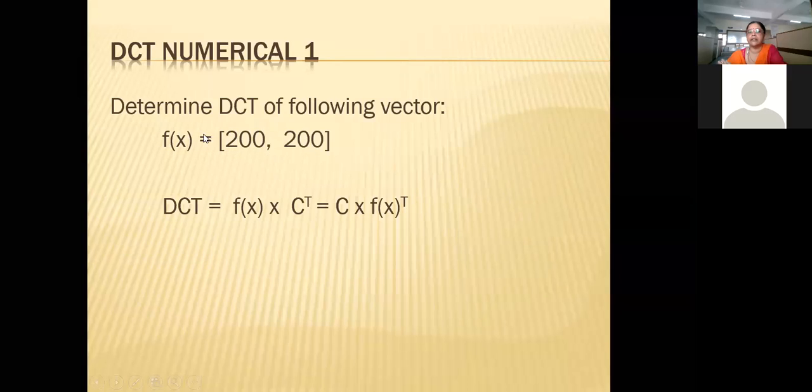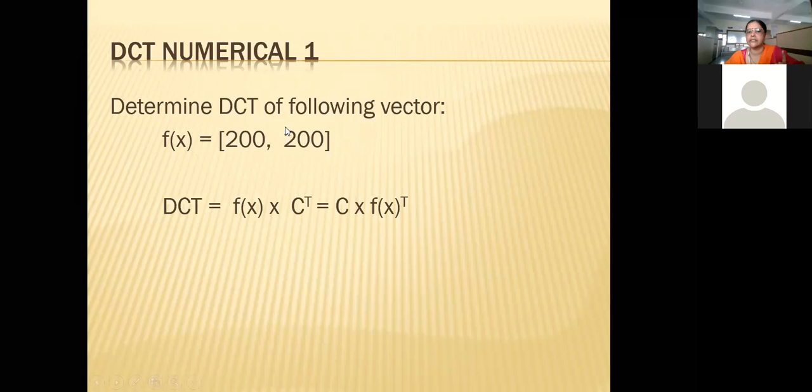So for this particular example, you should get only one non-zero coefficient, that is your very first coefficient, because the very first coefficient represents frequency 0, or it represents the DC signal. For the given input signal, as all the sample values are the same, in your input signal there is only DC frequency, or it has frequency 0.